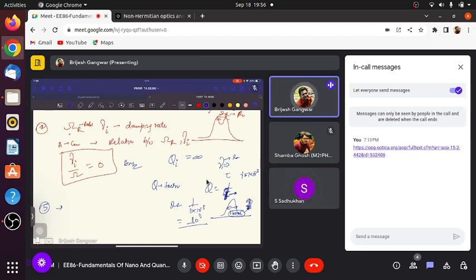But it depends on what type of gamma you have; that type of Q factor you can calculate. If you have radiative gamma, then you can calculate radiative Q factor. If you have intrinsic gamma, then you can calculate intrinsic Q factor. And the total Q factor is equal to 1 upon Q radiative plus 1 upon Q intrinsic.